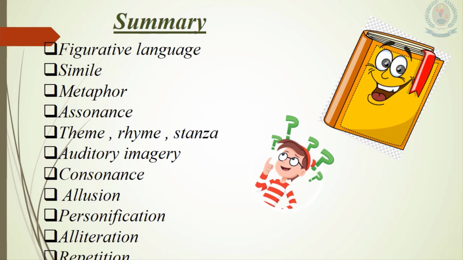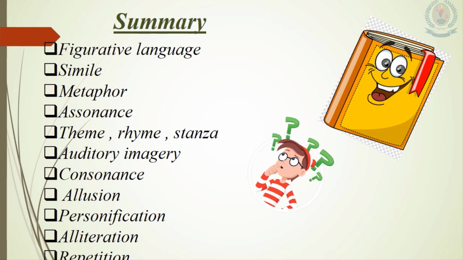So the theme is a general or central message. Rhyming words are the words which rhyme together, and auditory imagery, the things that you can hear, we also call onomatopoeia. Consonance means the repetition of consonant sounds in a sentence. Allusion means a deep message that conveys a different meaning.